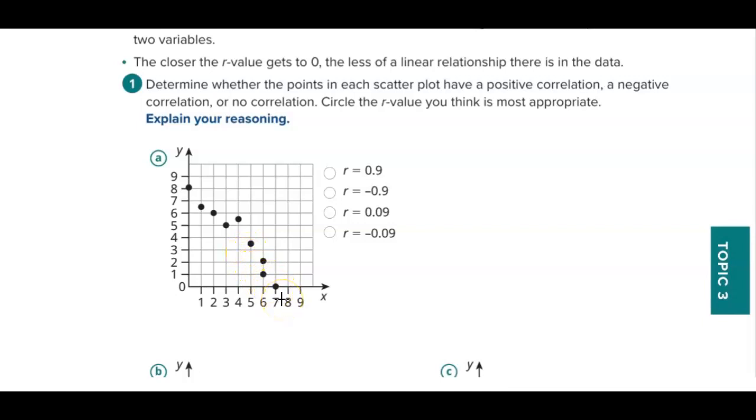That decision, uphill or downhill, will narrow down the answers to 2 choices. So here are our choices. We know that there's a downhill or a negative trend, so we can already eliminate the positive answers. We can eliminate this answer, we can eliminate this answer.